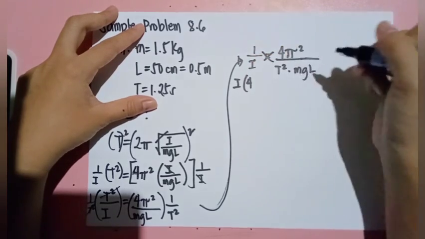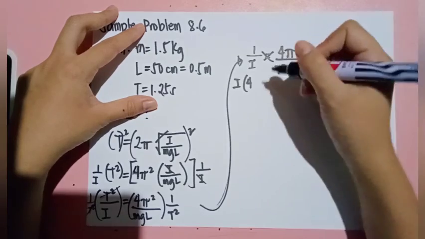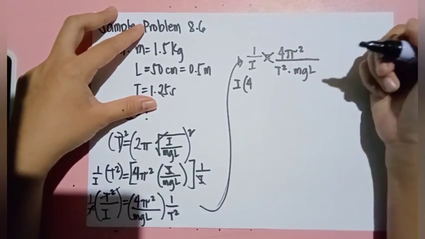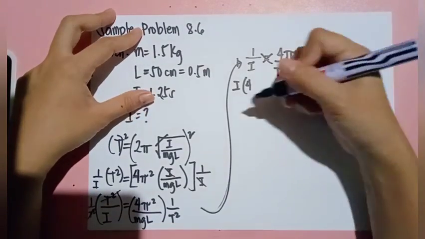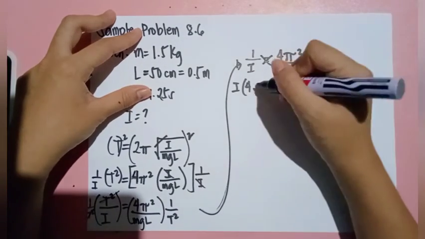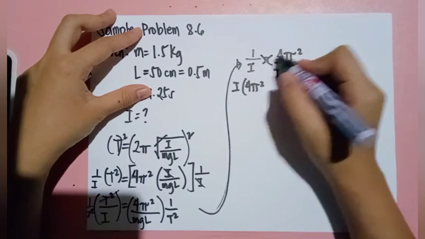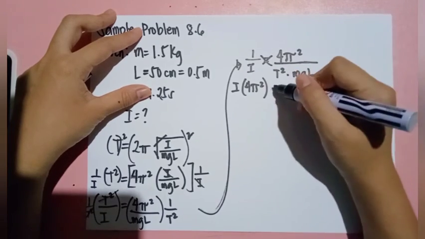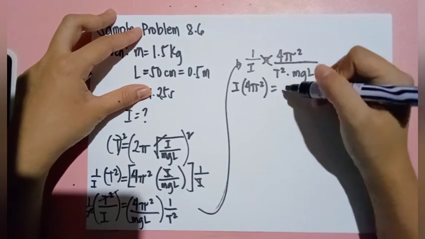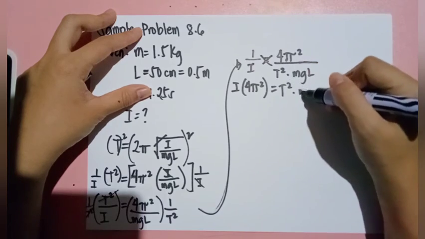You can just go straight and flip it. But for you to understand the process better, I have to do it step by step here. I times 4 pi squared, and then 1 times T squared mgl.